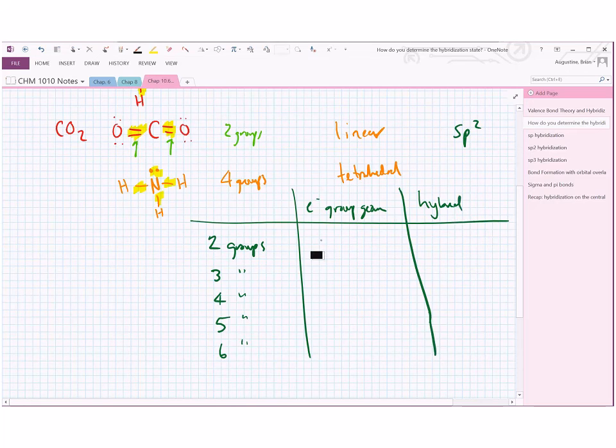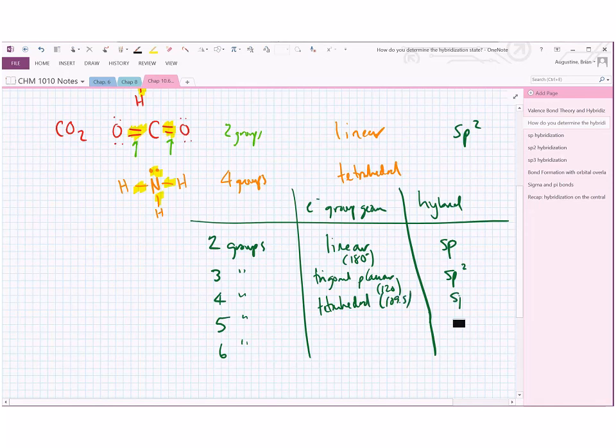Okay, so 2 groups is called linear, 180 degrees. Hybridization is sp hybrid. 3 groups, trigonal planar, sp2, remember this is 120 degrees. 4 groups, tetrahedral, 109.5. That one's sp3 hybrid.